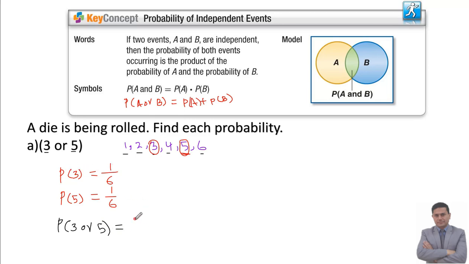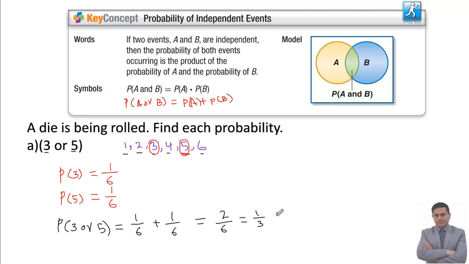Probability of 3 is 1 over 6. OR means plus. Again, probability of 5 is 1 over 6. When we add, because the denominator is the same, 1 plus 1 is 2. So 2 over 6 will come, which is 1 over 3.